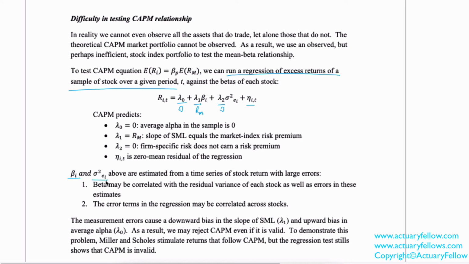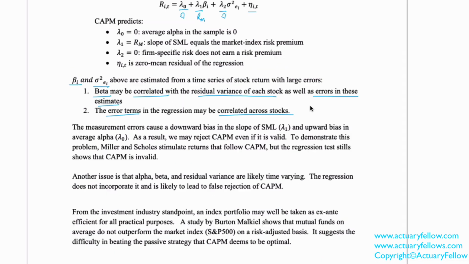The estimations of these two parameters have large errors because beta might be correlated with the residual of each stock and errors in these estimates. Also, the error terms in the regression may be correlated across stocks. The measurement errors cause downward bias in lambda 1 and upward bias in lambda 0.